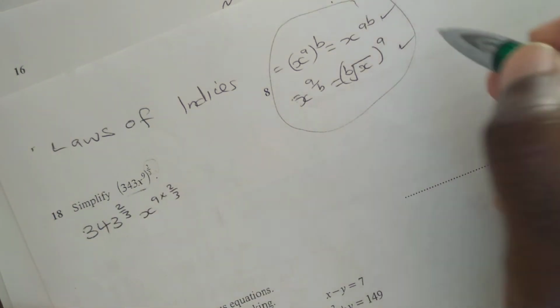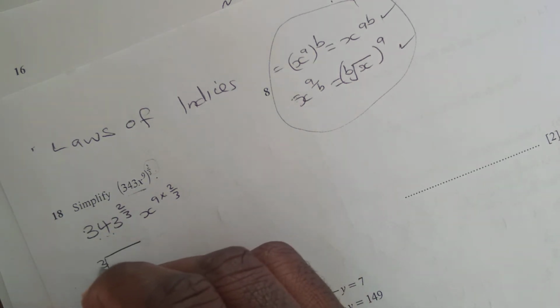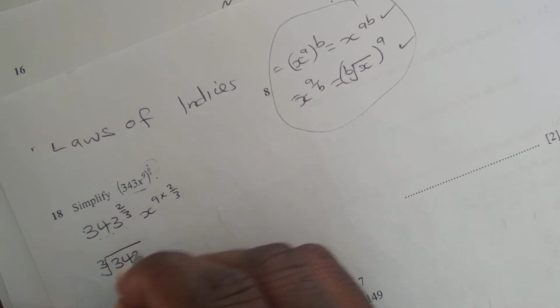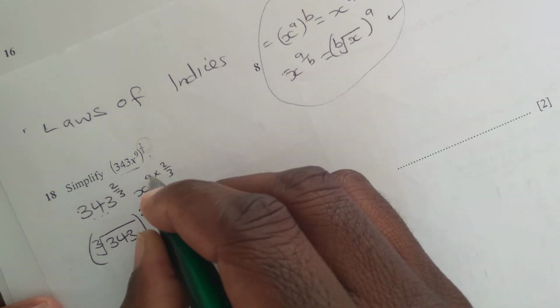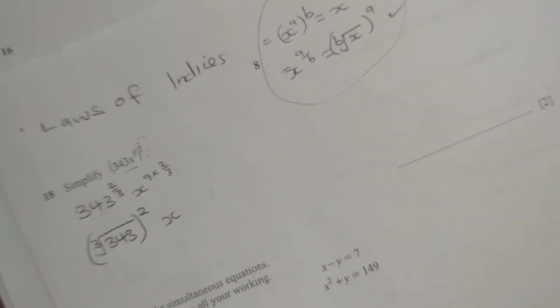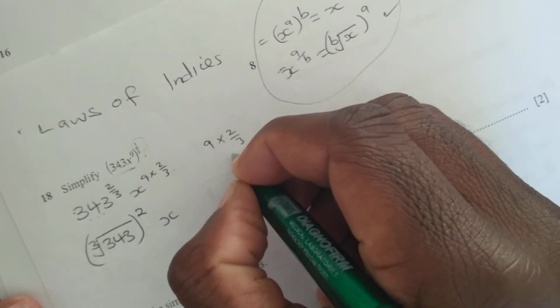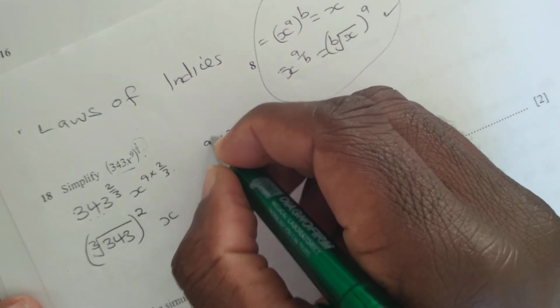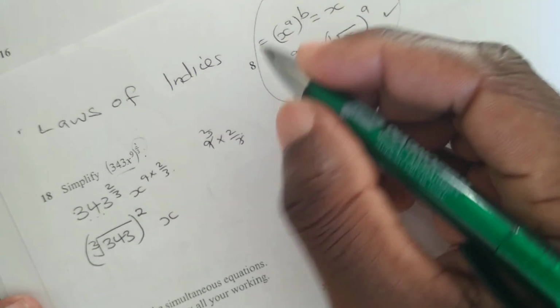And then I'll apply this law on 343 to the power 2/3. It becomes the cube root of 343, to the power 2, times x to the power 9 times 2/3. So if you look at this, this is 9 times 2 over 3. 3 goes into 3, 1. 3 goes into 9, 3 times. 3 times 2 is 6.